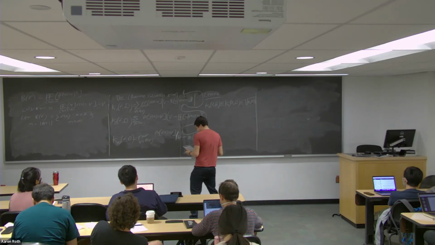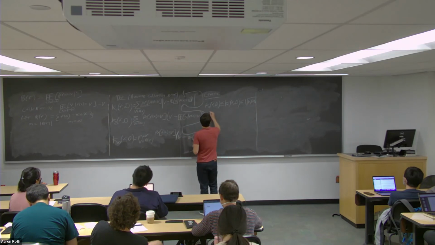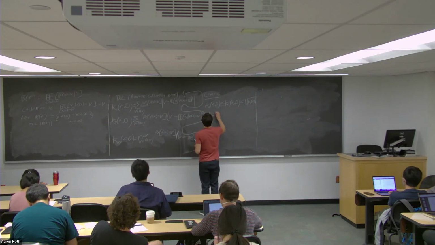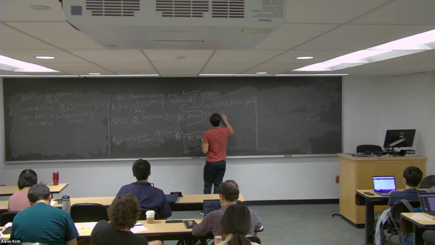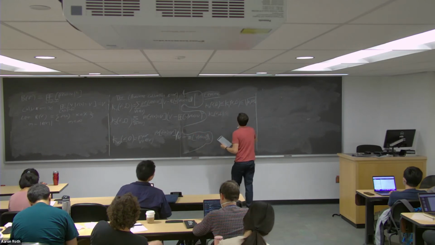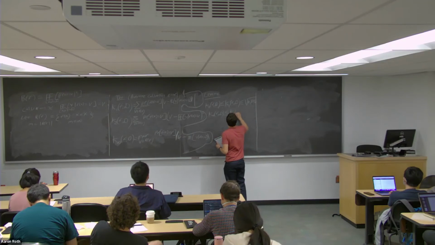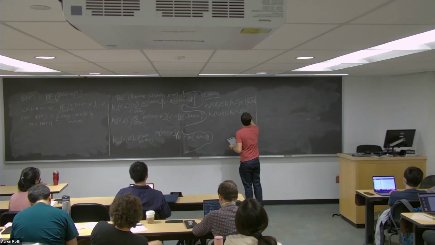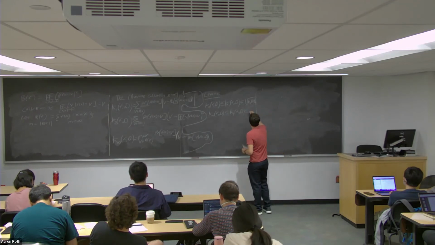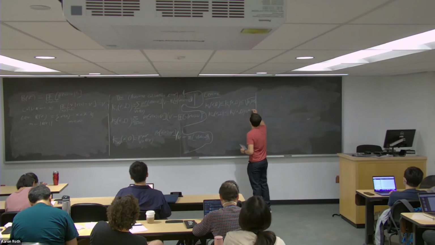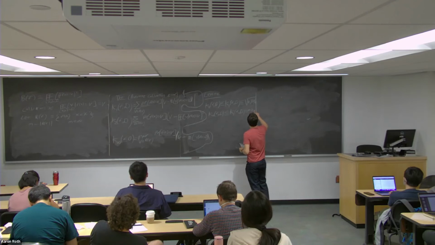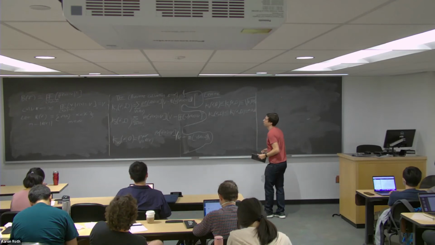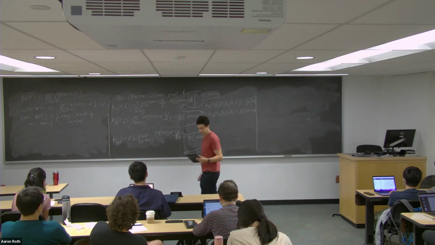And similarly, the L infinity calibration error is always smaller than the L1 calibration error, which itself is bounded by m times the L infinity calibration error. Where m, remember, is the size of the range.